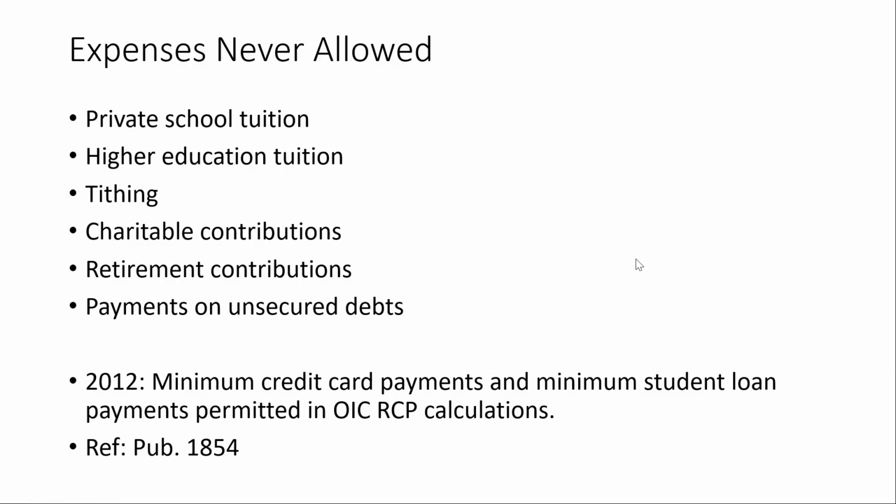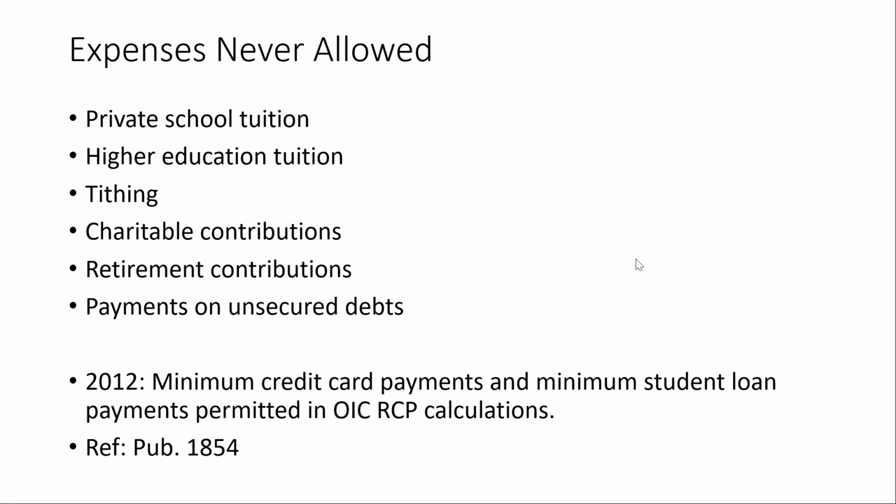Now, there are certain expenses that are never allowed, and I'm sitting here saying never while doing the air quote thing with my hands. Okay, because again, sometimes there are exceptions. Those are conditional expenses, but in general, most of the time there are certain expenses that are never allowed.